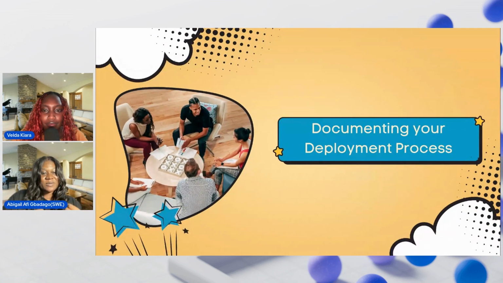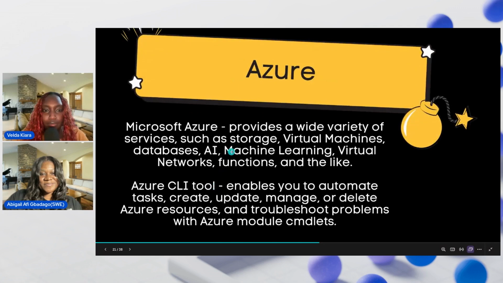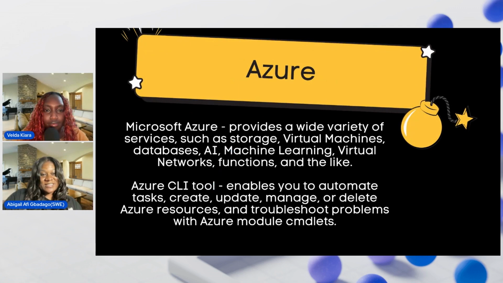We're going to document our deployment process, and I'll be giving you certain tips and tricks, because with every tool you create, you have to document all those things. Before we started, Velda took us through Azure CLI, and just rehashing, we know Microsoft Azure provides us with tools and services and storage and VMs, as seen in the previous session, right?